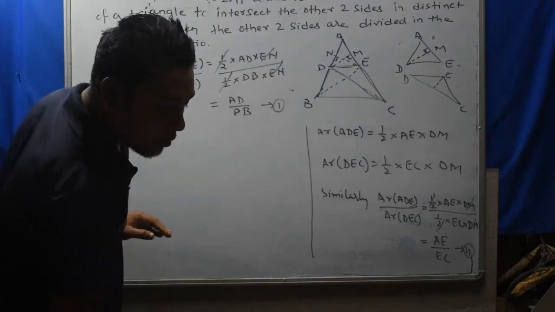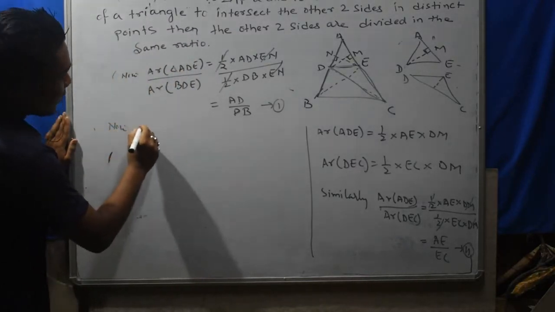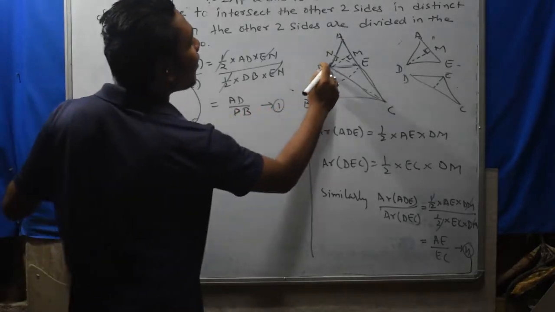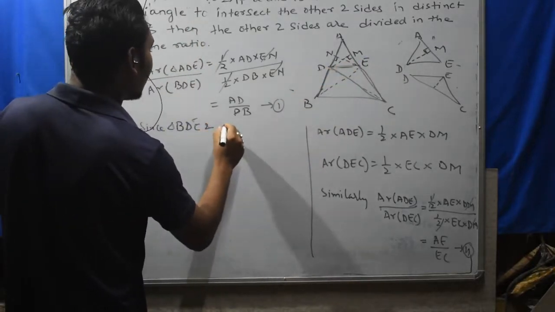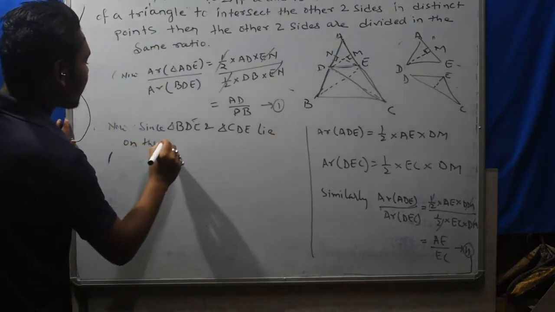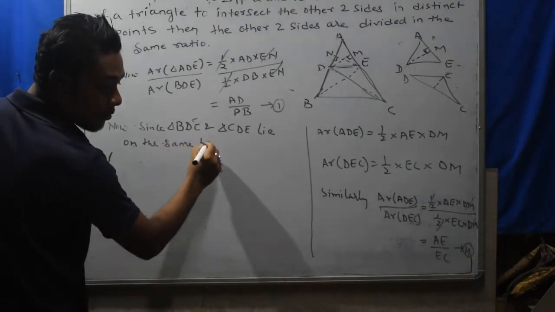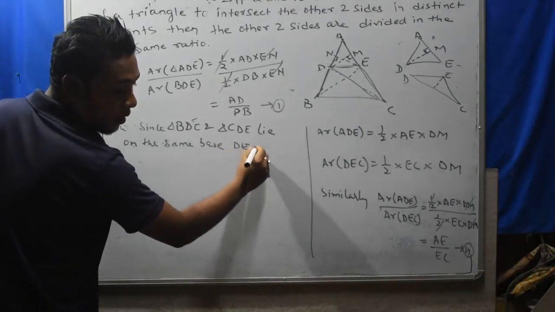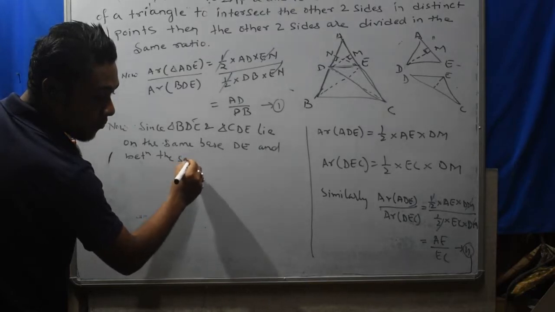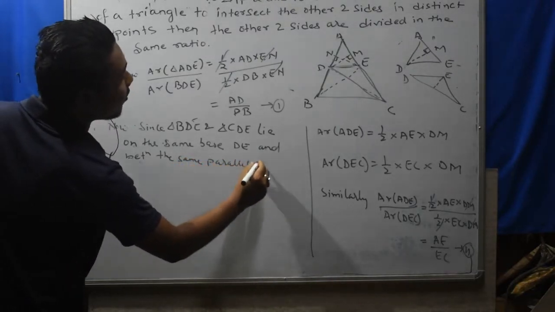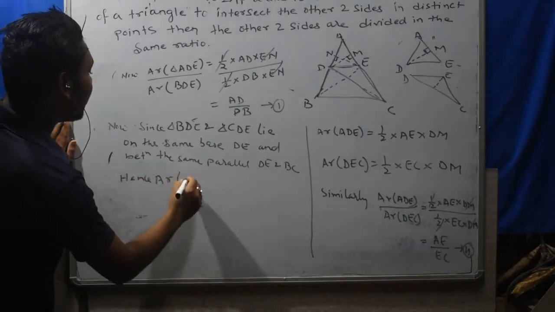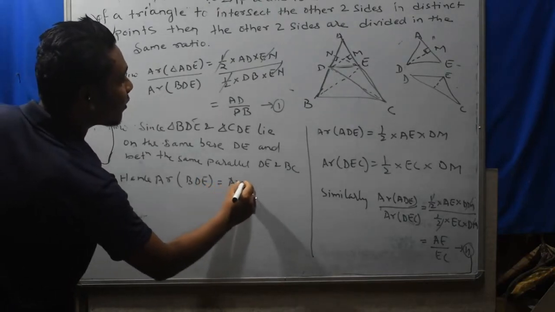So I am erasing this part now. I hope you have taken the notes. Now since triangle BDE and triangle CDE lie on the same base DE and between the same parallels DE and BC, hence area BDE is equal to area DEC.